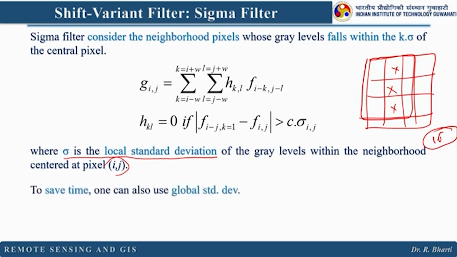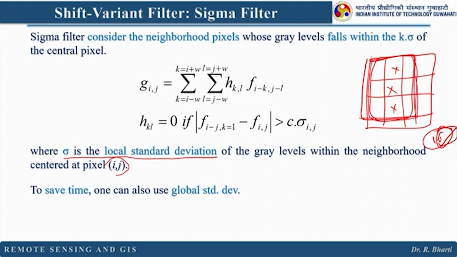To save time, one can use global standard deviation. So what is happening here? Based on this we have calculated this standard deviation, right. 1 sigma, 2 sigma or 3 sigma is up to us, but how is this sigma calculated? Based on this 3 by 3 matrix.